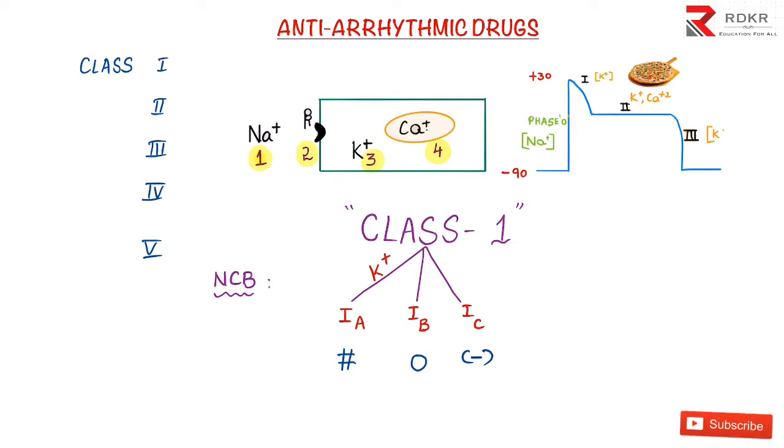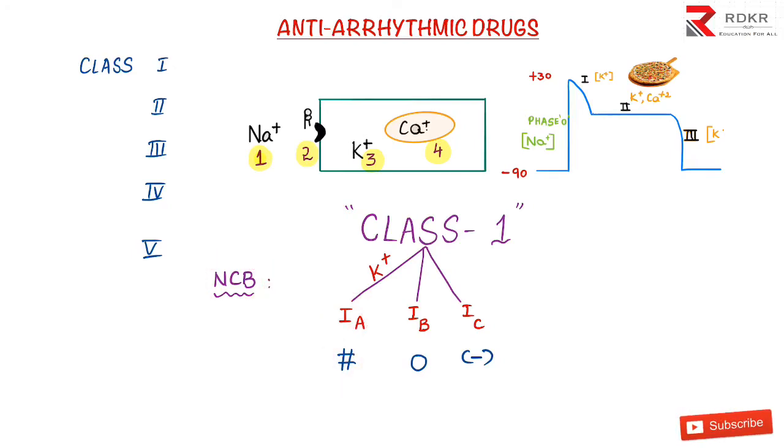Let us discuss each of the classes in detail. The first class includes the sodium channel blockers. All the class 1 drugs have the capacity of blocking sodium, but they are again subdivided into 3 classes based on the property of potassium channel. For example, in 1A, the drugs can block the sodium as well as the potassium channel.